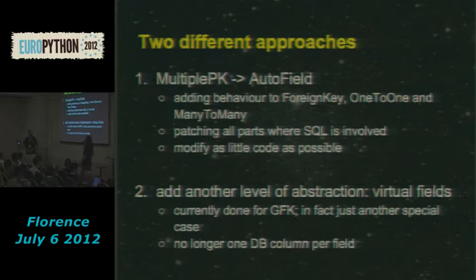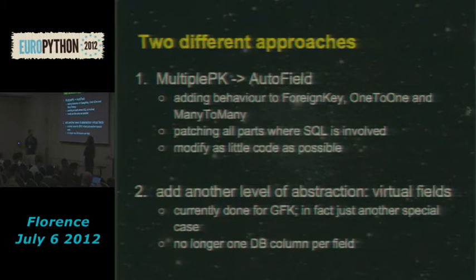Okay, my approach is slightly more complex. We had to add another level of abstraction. At the moment in the Django ORM, you have a strong one-to-one mapping between model fields and database columns. I created something called virtual fields, which kind of breaks this mapping. So you have a virtual field which is not actually backed by any single database column.